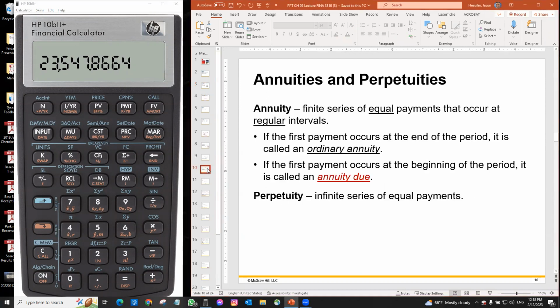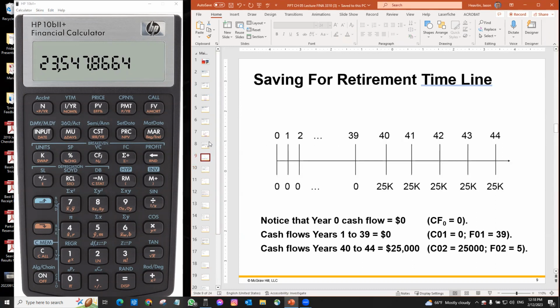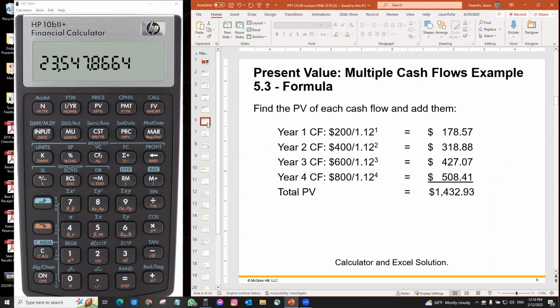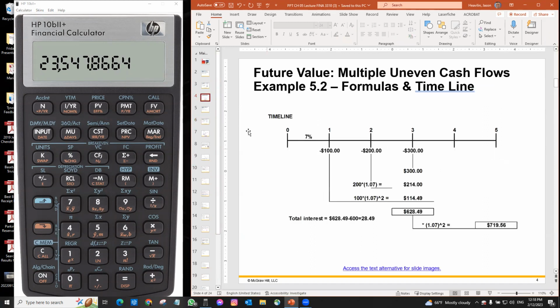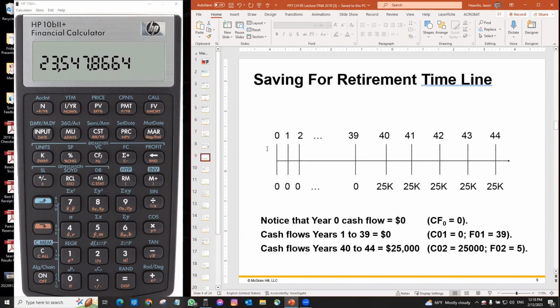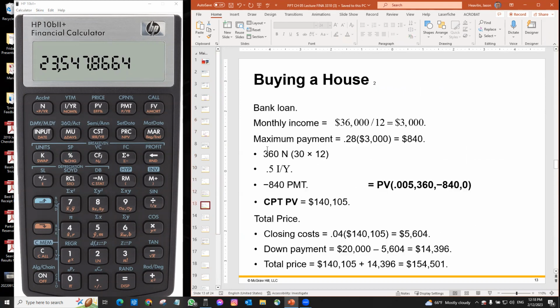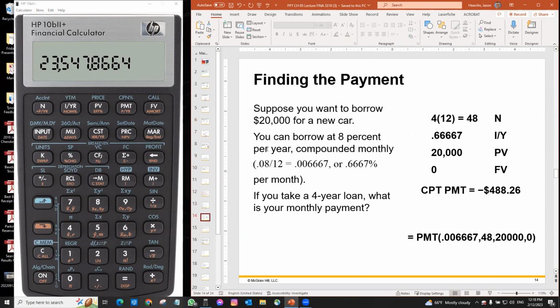Let's go ahead and work an example, a car. So we can find it around here. A car payment. So in this example, we are going to buy a car and we want to know how much the payments will be.